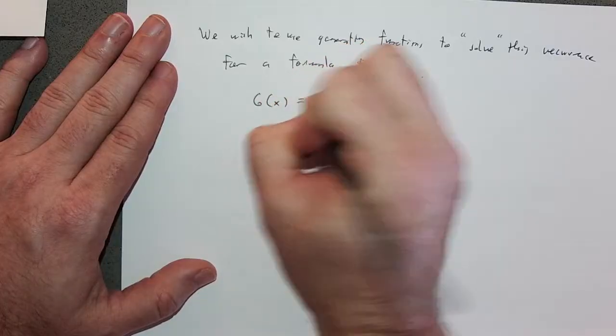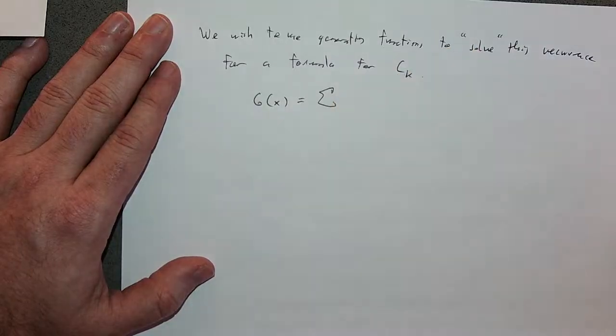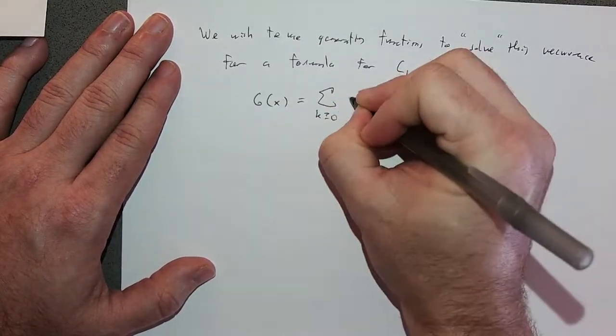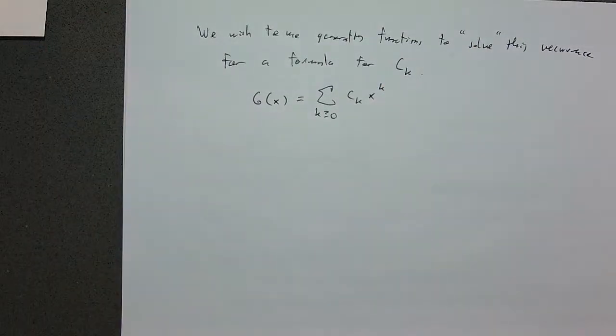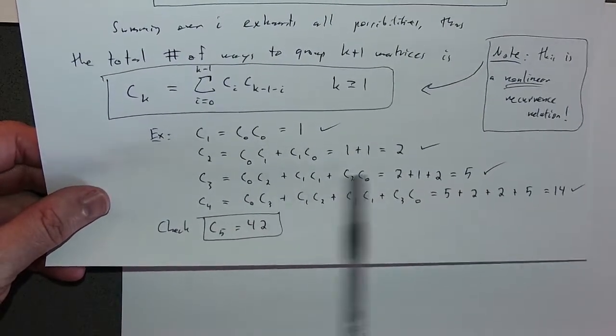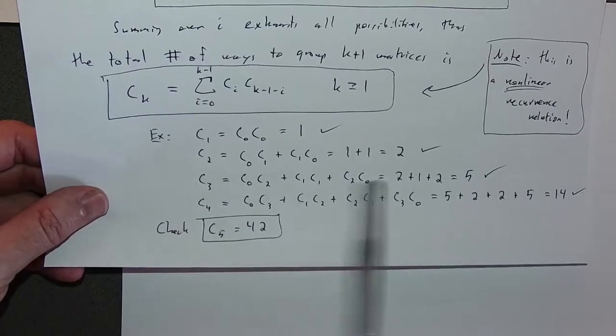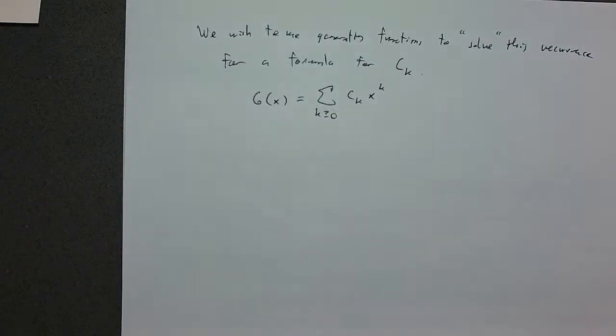To that end, let's say that g of x is the generating function for these numbers. So there it is. Because this is nonlinear, one of the things you get is that the number of terms in these is going to change at each step. That didn't happen with the other recurrences that we had. We didn't have this variable number of terms here.